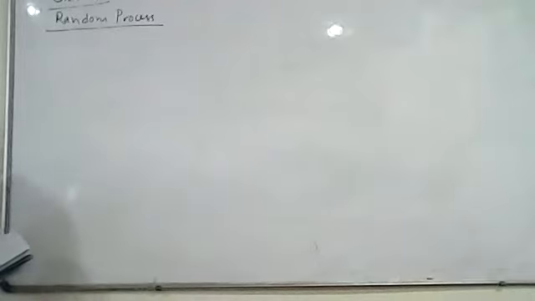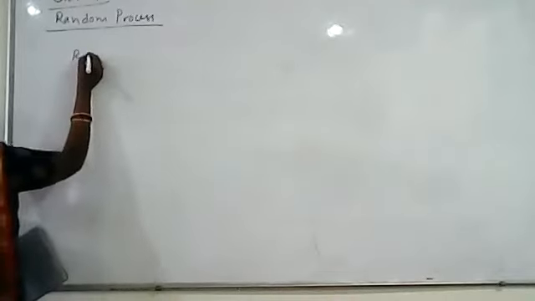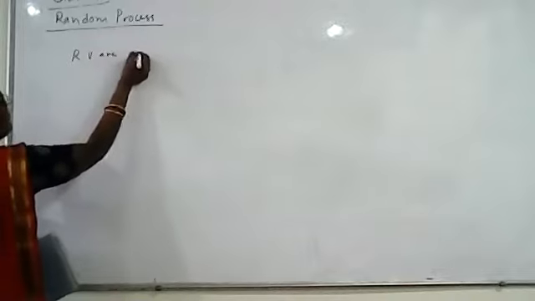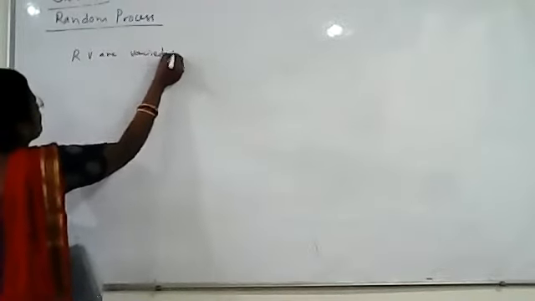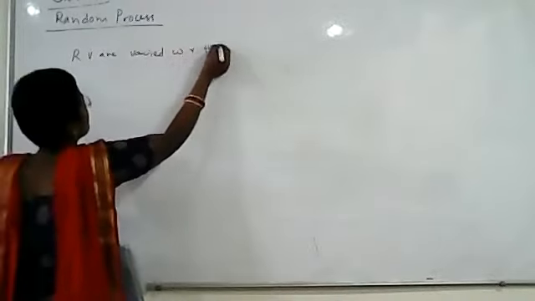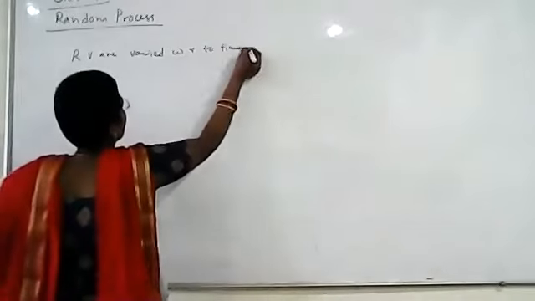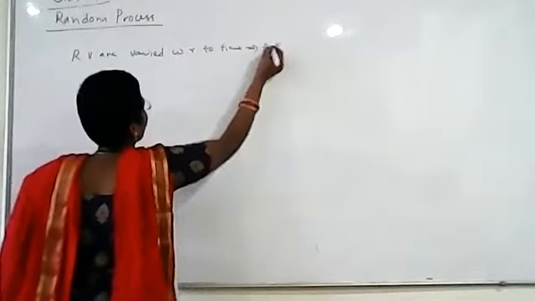The random process is used to study the variation of random variables with respect to time. So if random variables are varied with respect to time, then this is called random process.